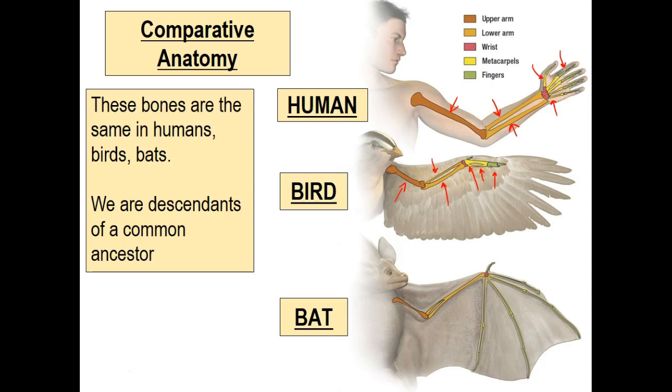Okay, so these are indicating that we are descendants of a common ancestor. And you might remember from biology class that these are called homologous structures.